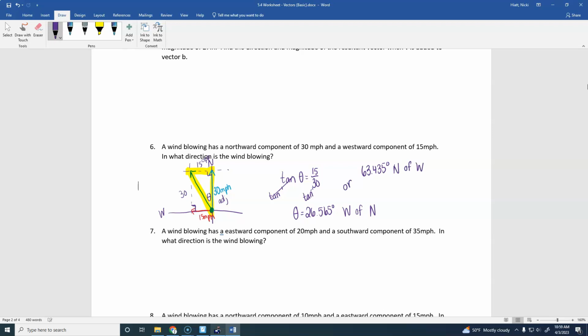So either of those are correct. You just need to look and see which one's available for the answer choice. You don't have to give me both for anything, but because it's going to be multiple choice, and there's really not anything telling you that you should use this angle instead of this angle here. Either one is equally easy to set up.